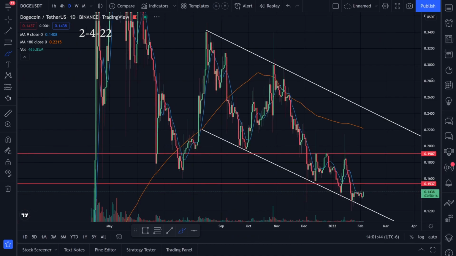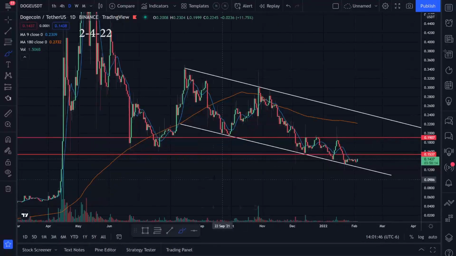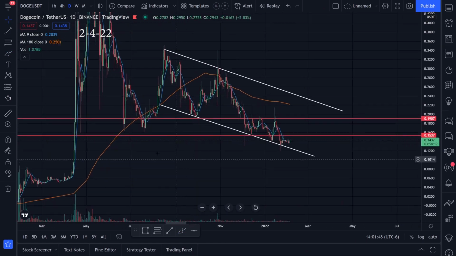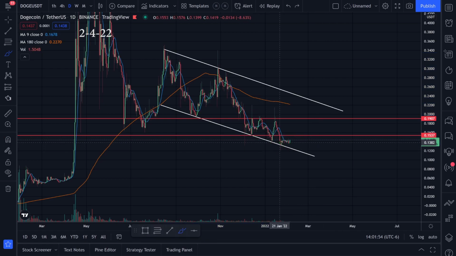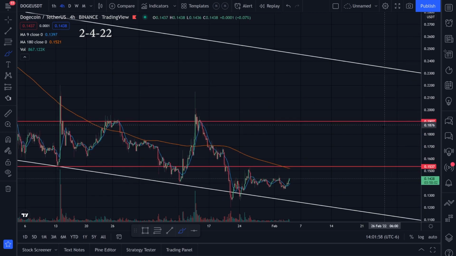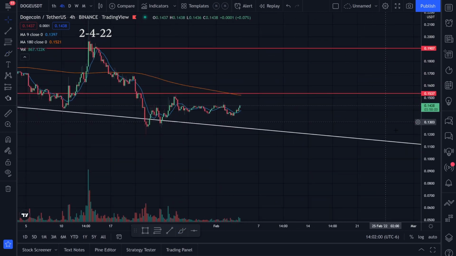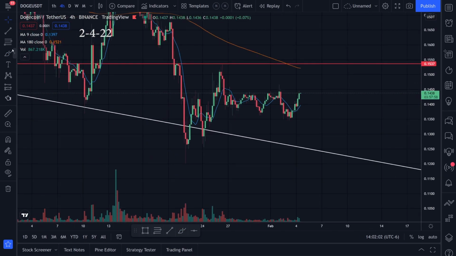But if we jump back over to the Dogecoin chart, like I said, I think we're trading in between this big channel pattern. Let's see if we could get a bounce on this bottom right here and then start to retest this top over here. The market in general is looking pretty decent, and if we zoom in, we do have support right here, support right here.